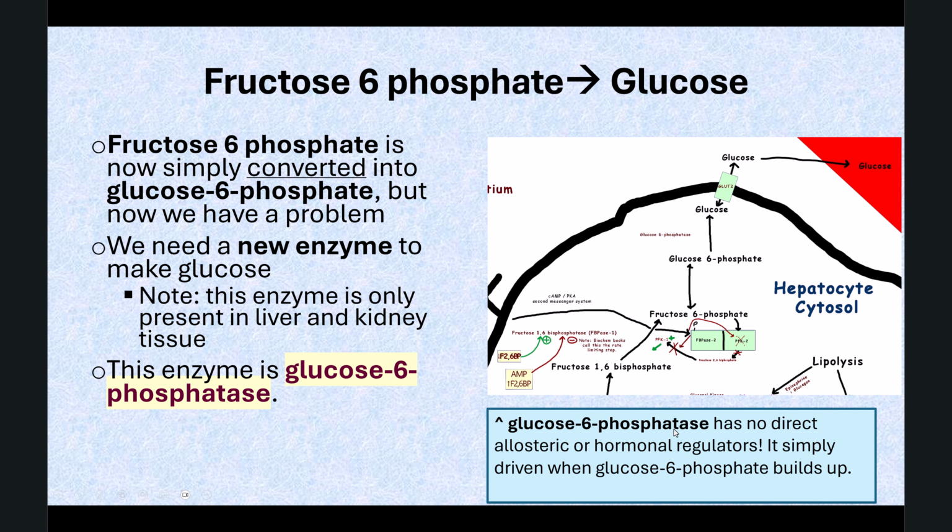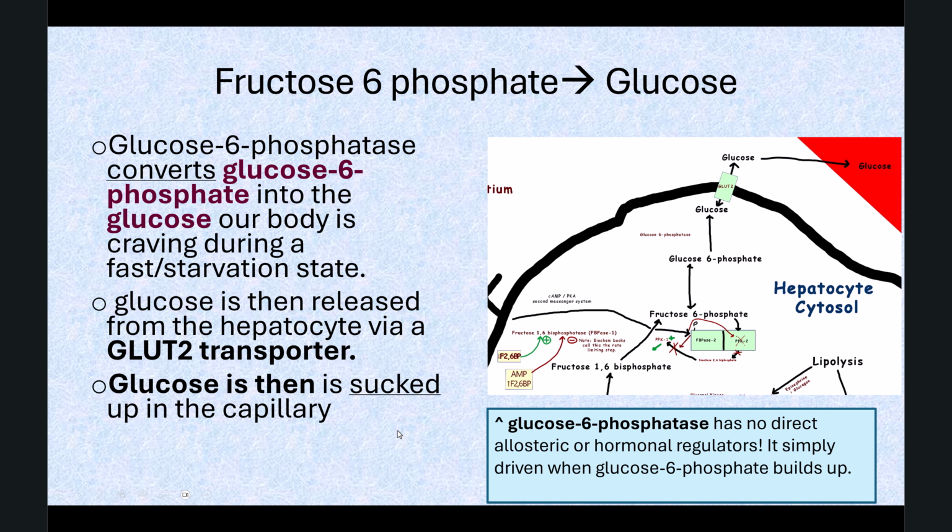So glucose 6-phosphatase, the taser, what does it do? It knocks the phosphate off there. That was on the number 6 carbon. But it has no allosteric or hormone regulators. It's simply driven by substrate, by glucose 6-phosphate buildup. Great. Glucose 6-phosphate is then turned into glucose, and glucose is removed from the hepatocyte by a GLUT2 transporter.